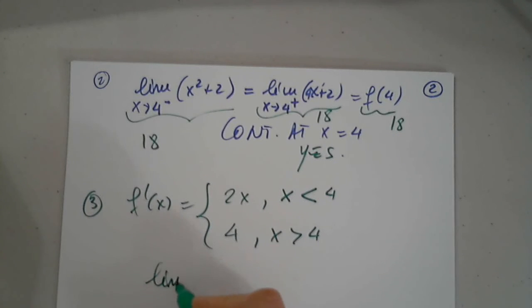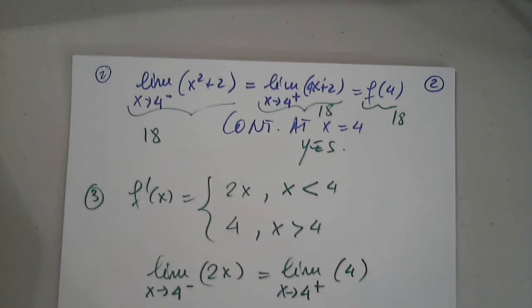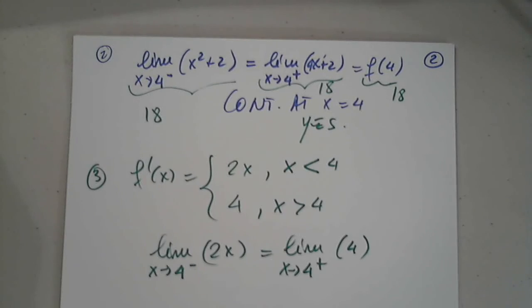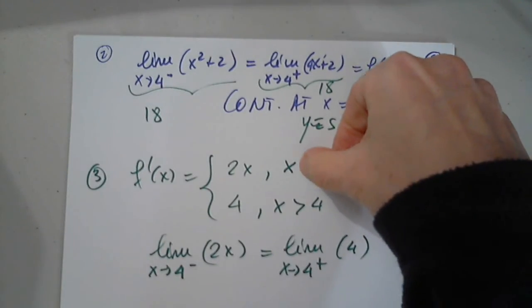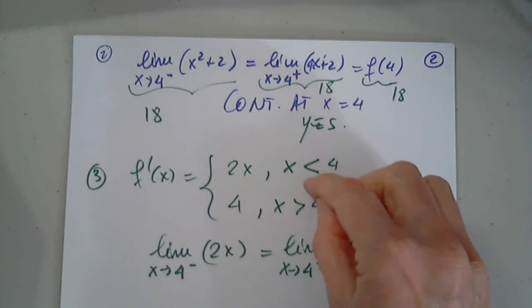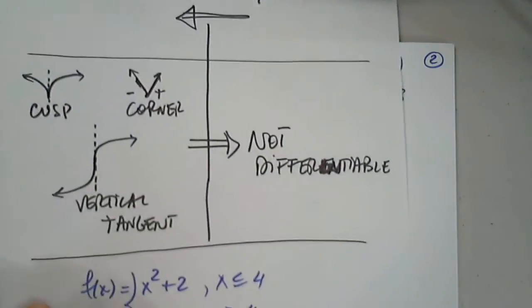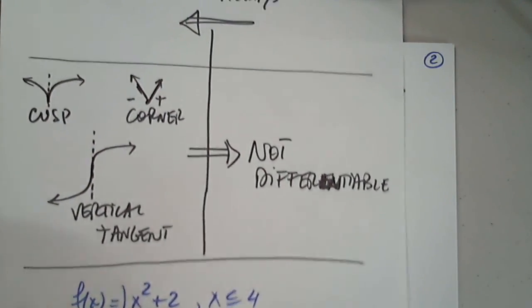The limit as x approaches 4 from the left of 2x must equal the limit as x approaches 4 from the right of 4. If these two are equal, then I will put the equal symbol back and say the derivative exists everywhere. But if these two are not equal, then I cannot put the equal symbol here, and I would say specifically the function itself, f of x, is differentiable everywhere except at 4.